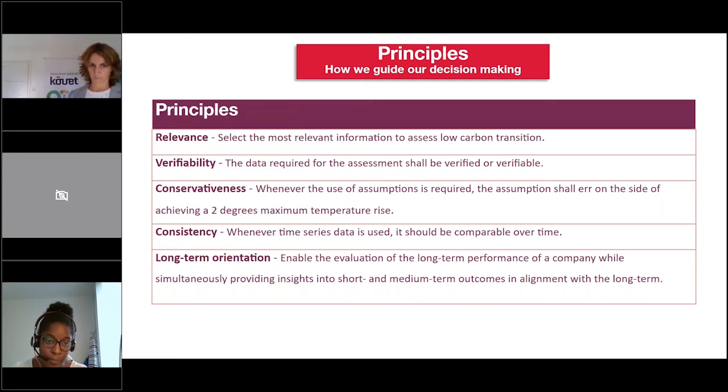These are the relevance of the principle of selecting the most relevant information to assess the alignment with the low carbon transition, the verifiability of the data, meaning the assessments should be verified or verifiable, the conservativeness of the assumptions made, to be sure that the error is not in a different direction from the 2-degree pathway, the consistency with a time series of data that should be comparable over time, and the long-term orientation that enables the evaluation of the long-term performance of the company while simultaneously providing insights into short, medium, and long-term outcomes in alignment with the long-term.